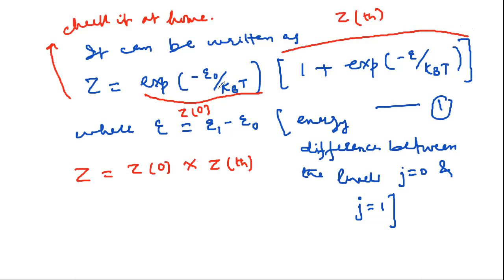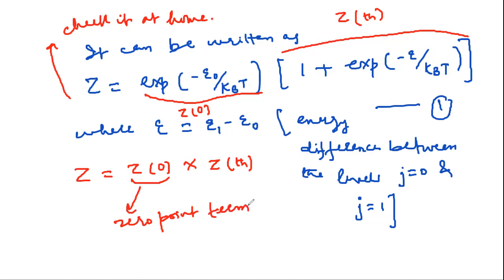Z of 0 is simply exponential of minus epsilon naught by kT. This factor, the first factor Z of 0, is called the zero point term.